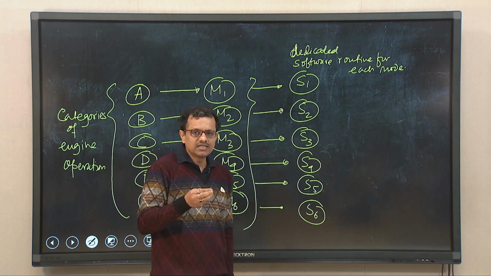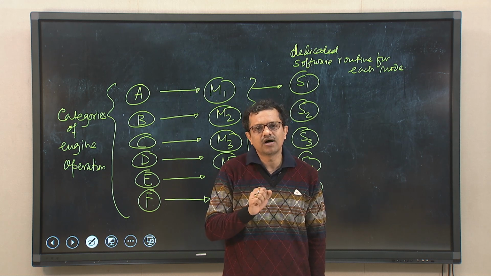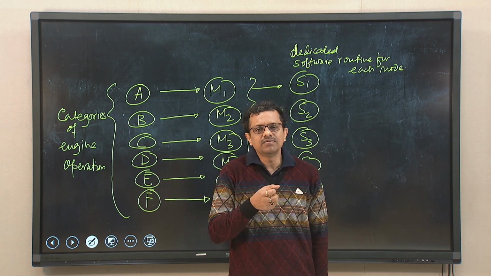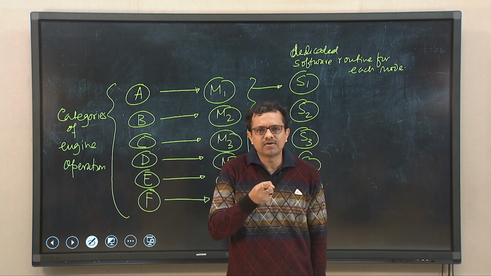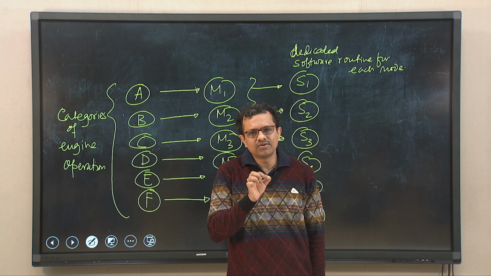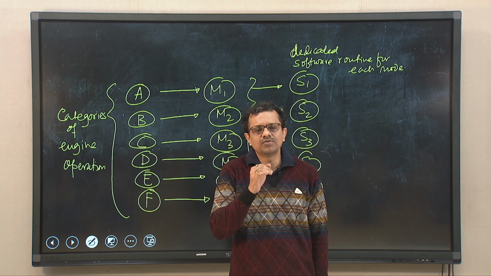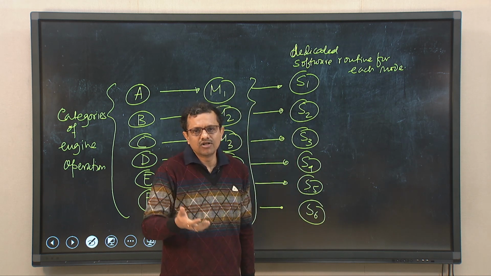Maybe when we start the engine, we keep it just running for a few minutes, and then we try to draw more power from the engine. So starting the engine is one category of operation, and when the engine produces power, that is another category of operation.